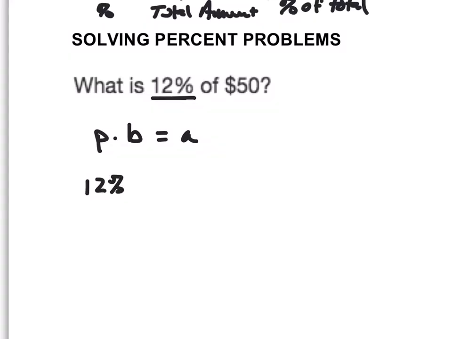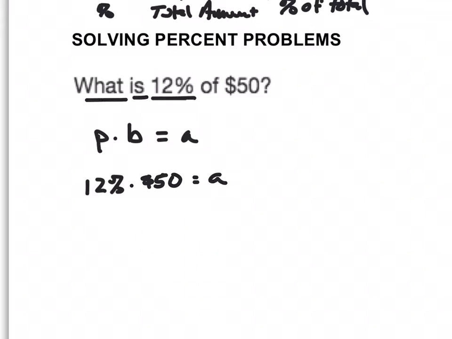And then it says of. Remember, of stood for multiplication. So I'm going to put times $50, and that's equal to what? So is, what is equal to A. And that's all we're going to do.